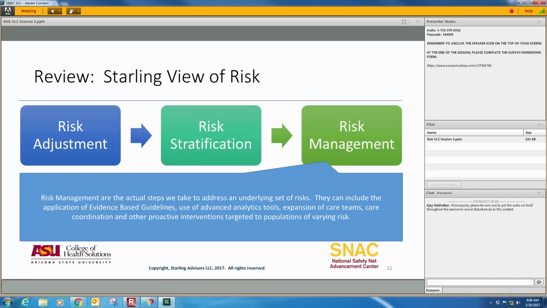And then the risk management aspect of this is what those interventions and care coordination models look like. This is the focus of today's conversation, and we're going to focus on what some of the approaches are and how we develop a model that helps support the cost and quality goals for those patient populations.